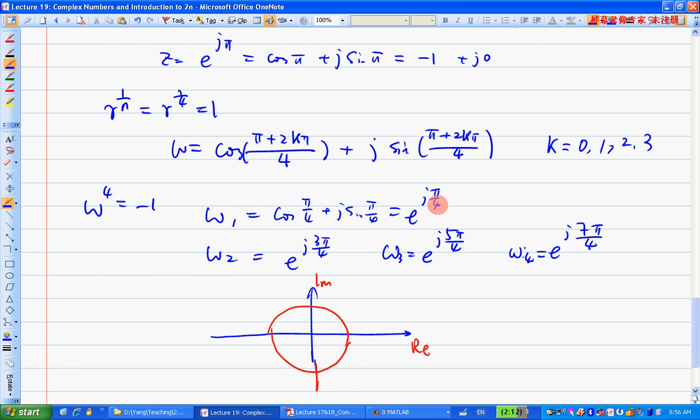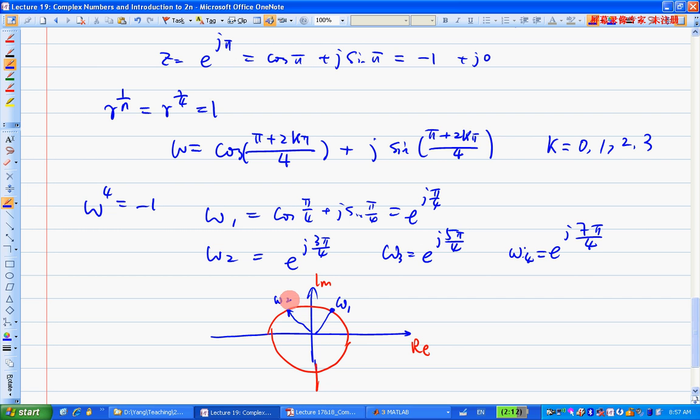And it's on a unit circle with how much angle movement? With a pi over 4 movement from the horizontal axis. So this is the horizontal axis, and after it rotates about 45 degrees, that is your W1 here. And W2 is 3 pi over 4, which is basically over here, a 90-degree difference.